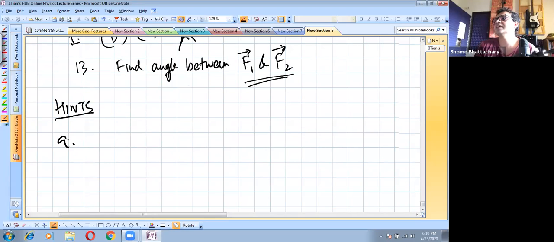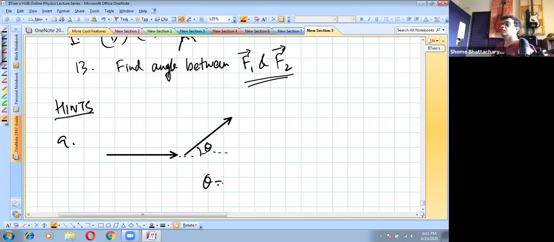So in question 9, we have this situation. You're given that the angle between two vectors is an acute angle, 45 degrees. So you have two vectors such that the angle theta between them is equal to 45.